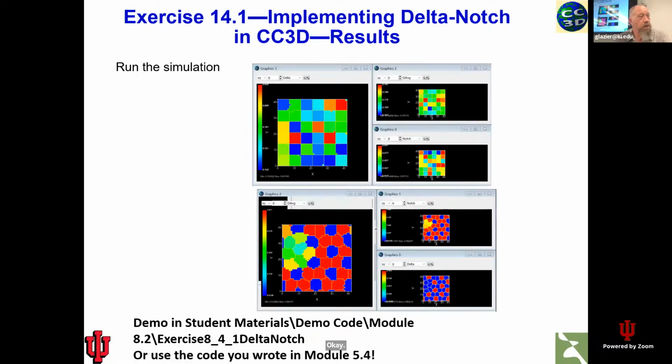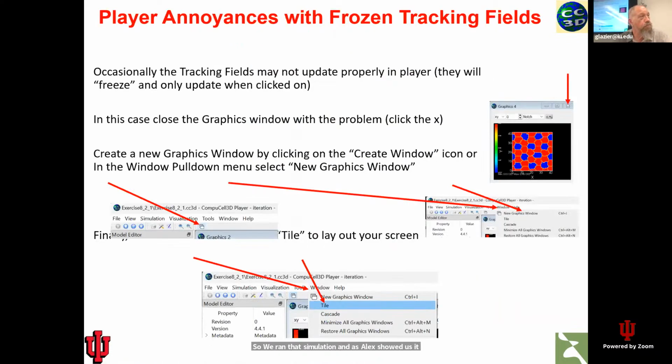So we ran that simulation, and as Alex showed us, it doesn't look that different from the old simulation. There are a couple of things that I want to remind people of. One of them only works on PCs, or if you're running on AWS, for example, it doesn't work on Macs. One of the other nice features, at least on Windows, of CompuCell is the function called tile.